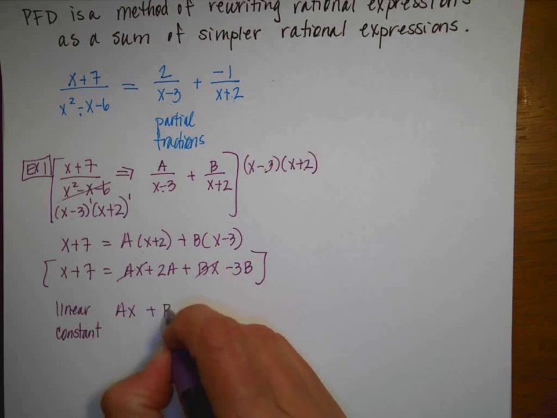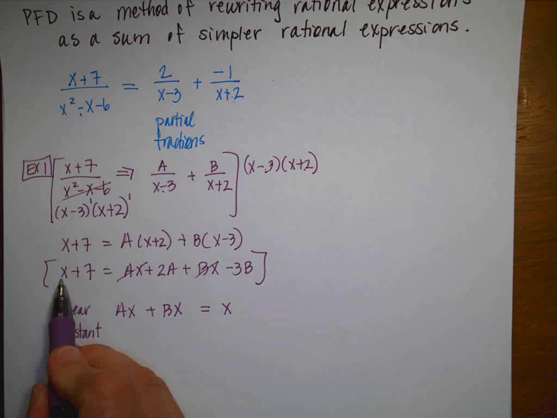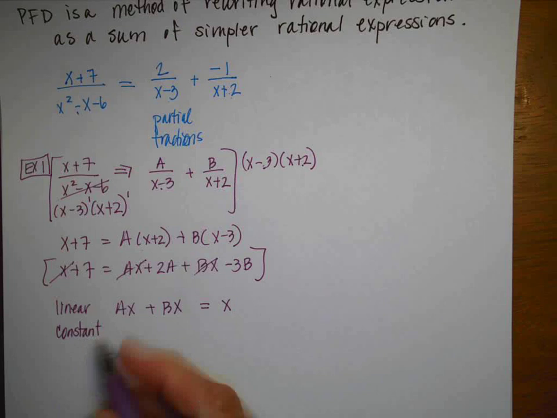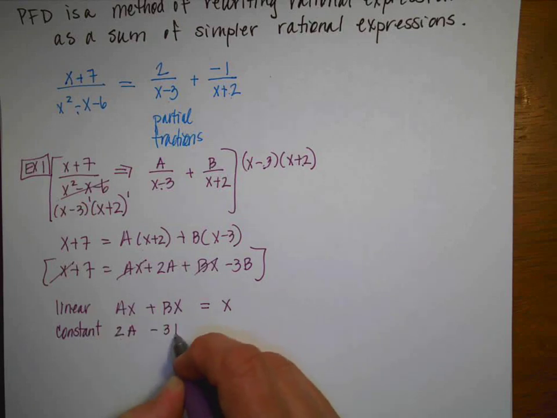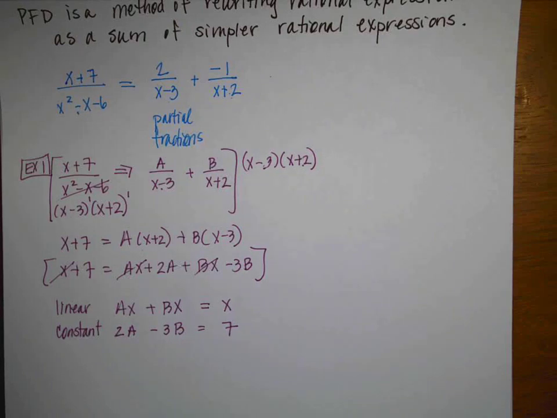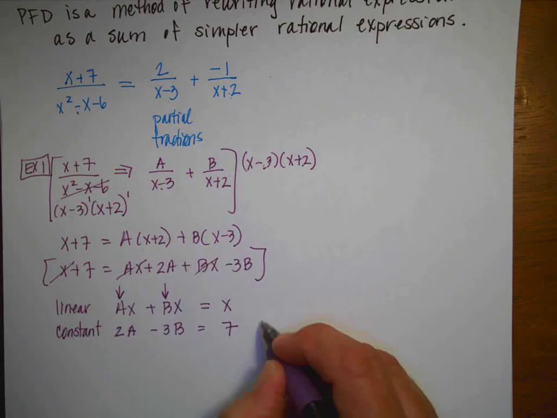And then I have a Bx, and then that equals x, and that's this x from the original equation. Now I'm going to mark that out. Now I'm going to write the constant equation, and I'm going to have 2A minus 3B, and it is equal to 7. And really what I'm trying to solve for is I'm trying to solve for A and B.